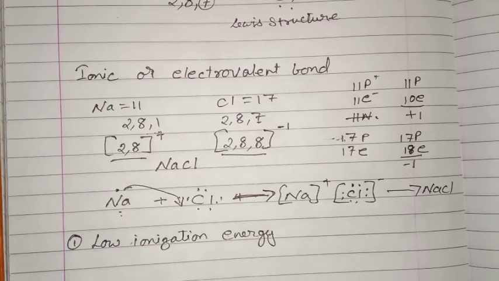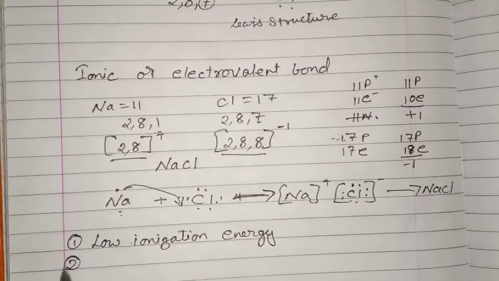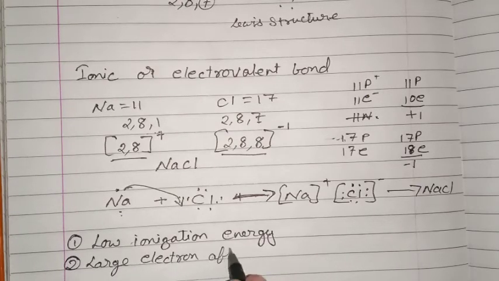I think all of you studied this in the first chapter. What do you mean by low ionization energy? The amount of energy required to take out an electron from the outermost shell. So that energy will be low for metals. And the second condition is large electron affinity, which means the amount of energy liberated when an isolated gaseous atom accepts an electron.